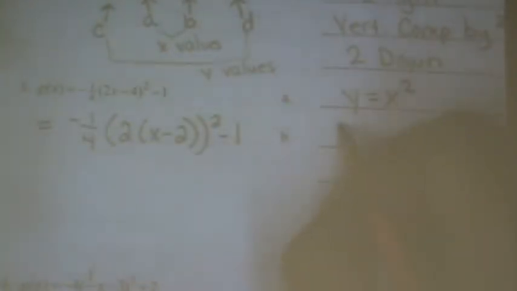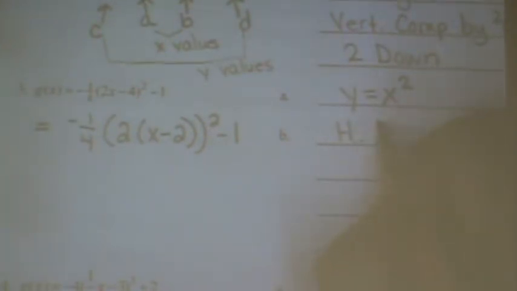What's the parent function? Y equals x squared. Don't just say x squared, I want 2 letters, x and y. Okay, what's your first step? Okay, we did that, we took the 2 out. Horizontal what? Yep, by what? By 1/2, good job. Horizontal compression by 1/2.